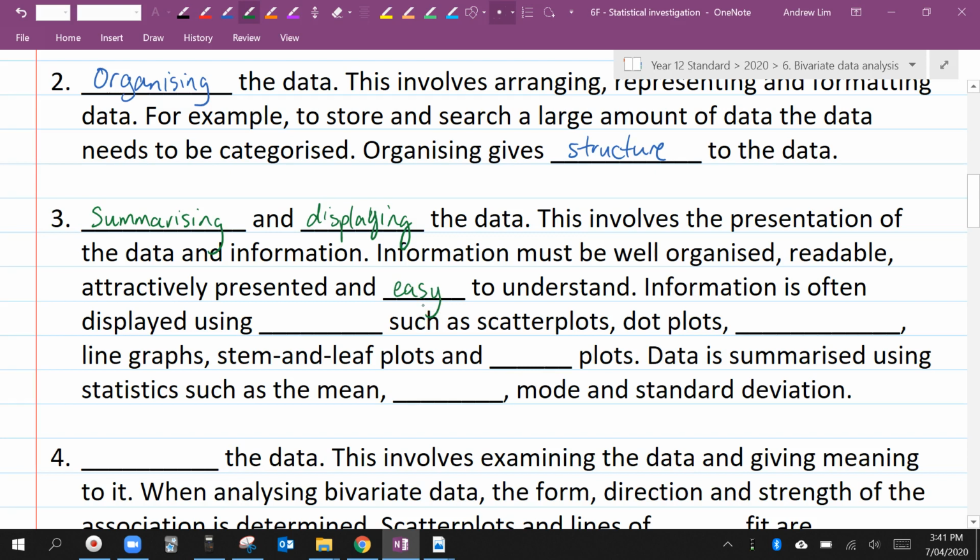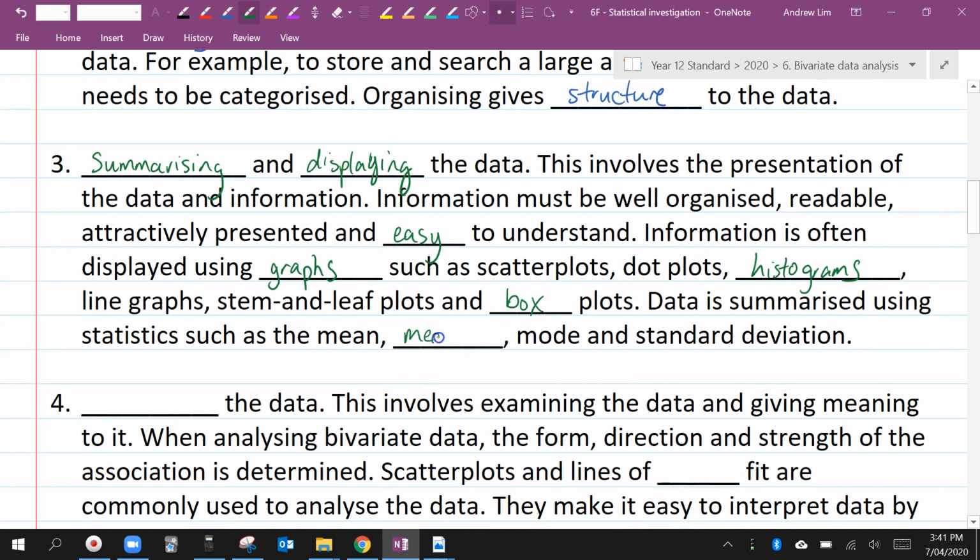Information is often displayed using graphs, such as scatter plots, dot plots, histograms, line graphs, stem and leaf plots, and box plots. Data is summarized using statistics such as the mean, median, mode, and standard deviation. So we need to summarize and display the data in a nice graph that's easy to understand.